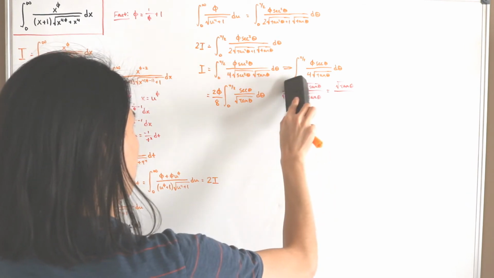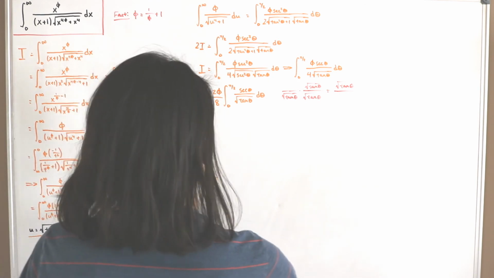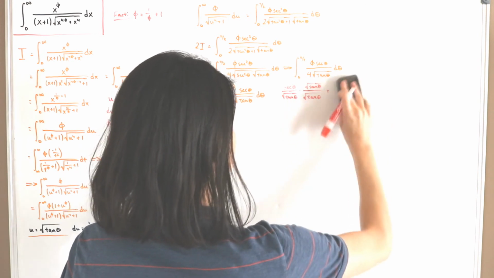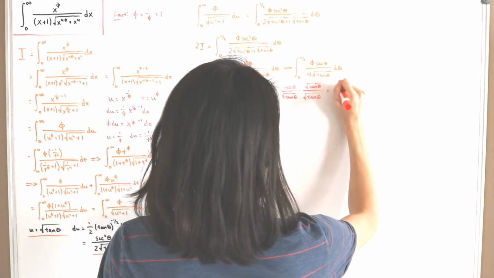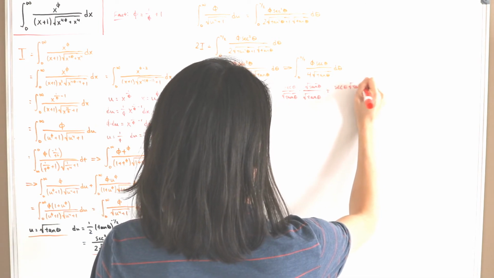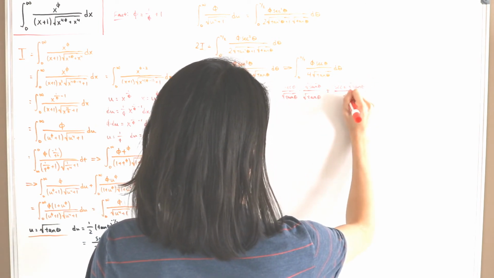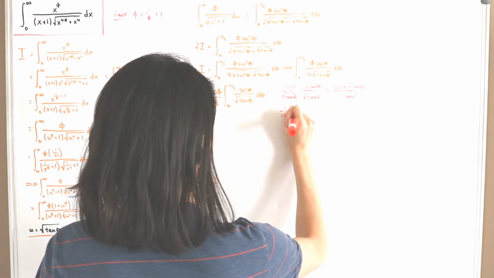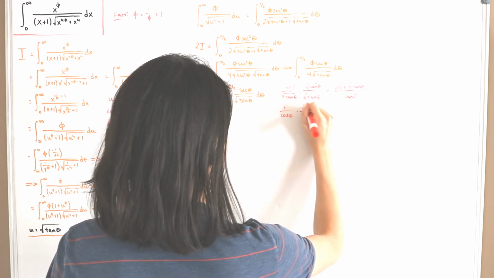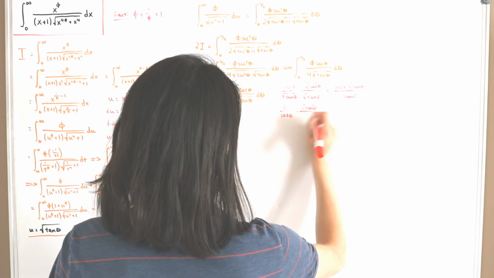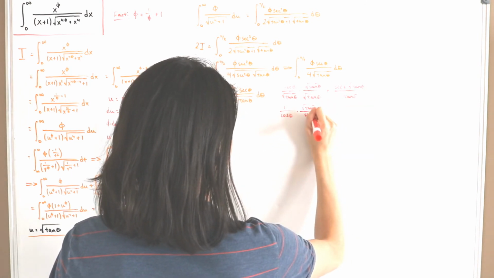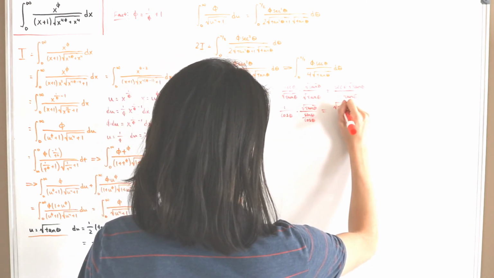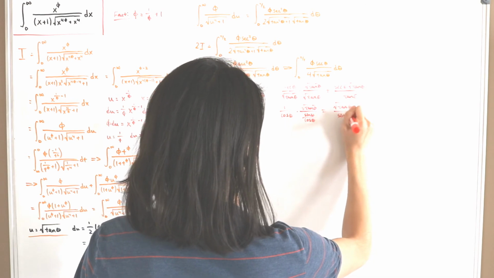So this is secant theta on the top, multiplied by tangent theta, then divided by tangent theta. Okay, so far so good. I'll rewrite secant theta as 1 over cosine theta, and multiply that with the square root of tangent theta, divided by tangent theta rewritten as sine theta divided by cosine theta. You'll see the cosines cancel each other out, so we're left with the square root of tangent theta divided by sine theta.